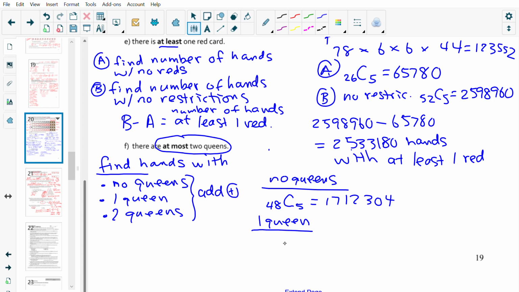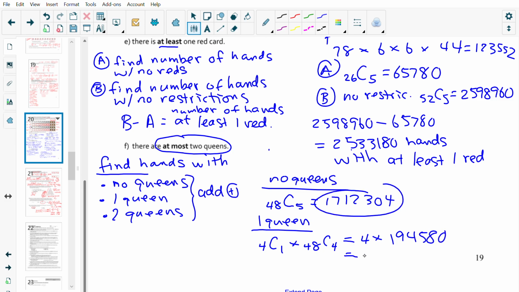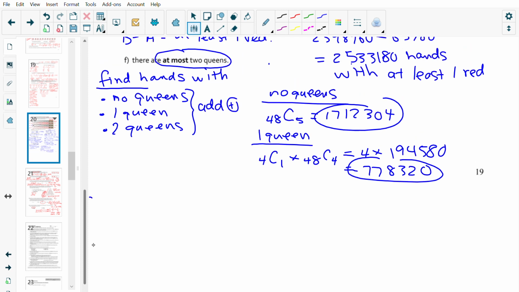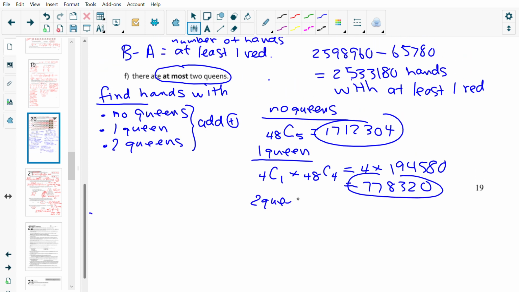Okay, 1 queen. This time I'm selecting 1 queen. I have 4 queens to select from. I'm only selecting 1, times 48 remaining cards. I'm selecting 4 more. Okay, there's the number of 5-card hands with, sorry, exactly 1 queen.